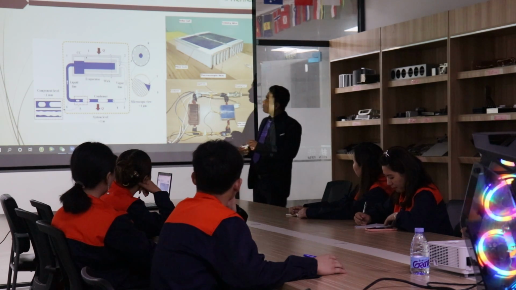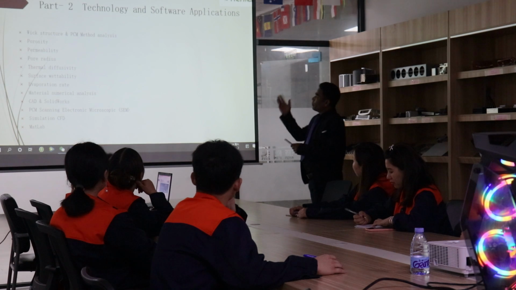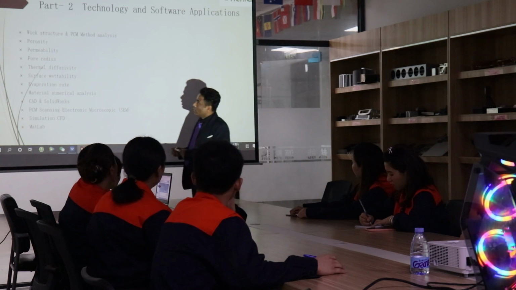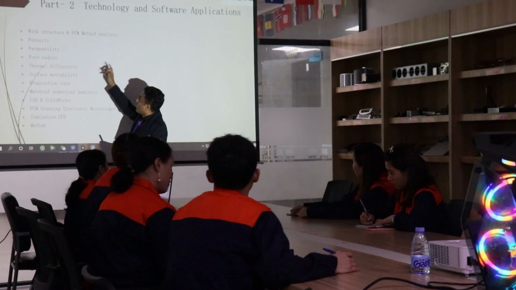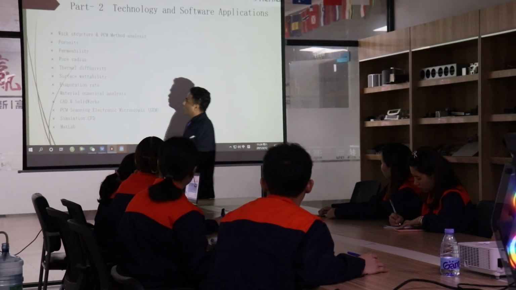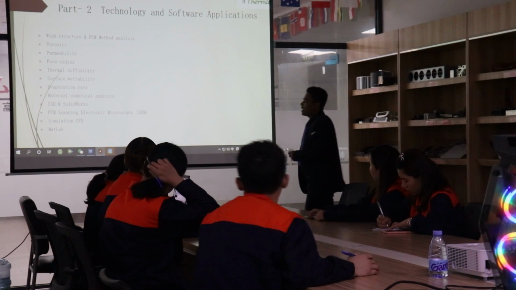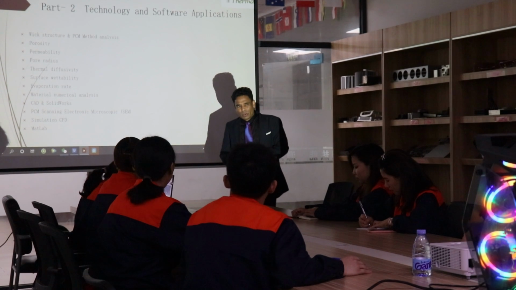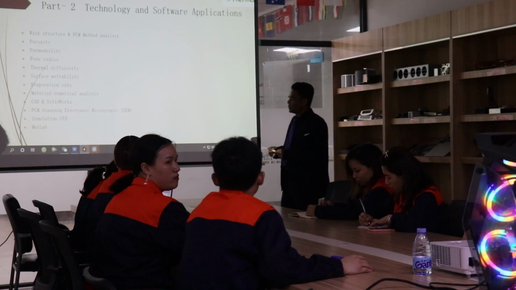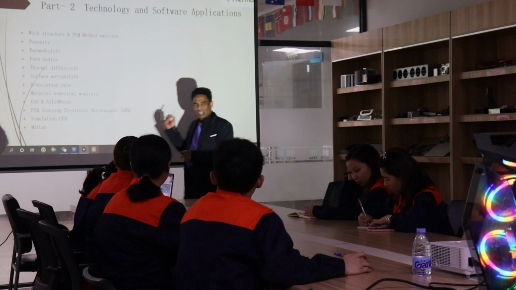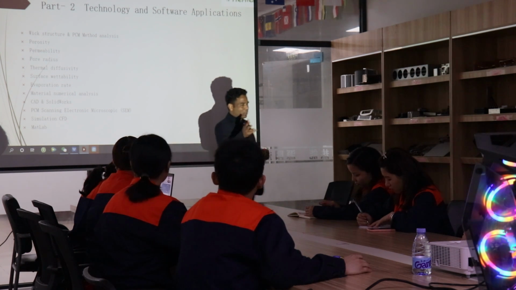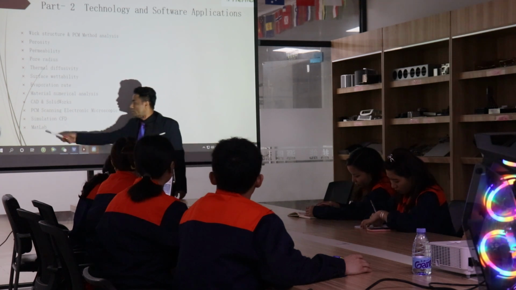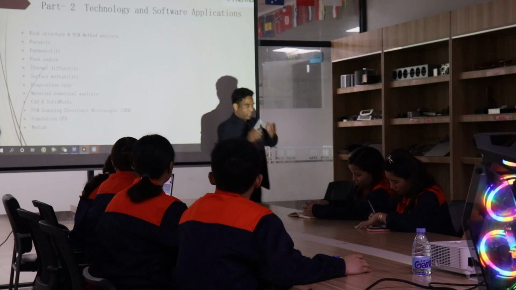And next, part 2, the technology of software applications. The wick structure and PCR method analysis: porosity, permeability, pore radius, thermal diffusion, surface wettability, and the evaporation materials. We have a lot of specific issues to solve using CAD, and we also use CATIA, CFD, Fluent, different simulation methods, and lastly MATLAB for some final results.